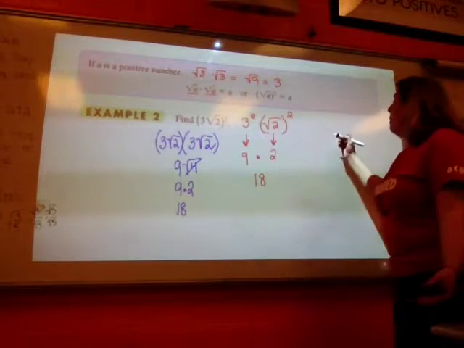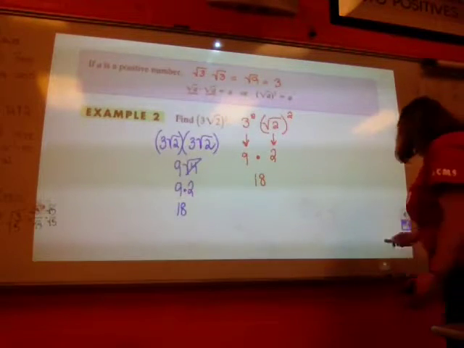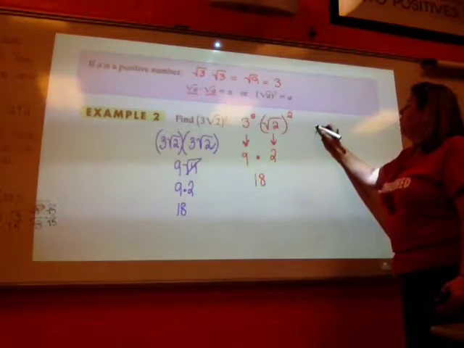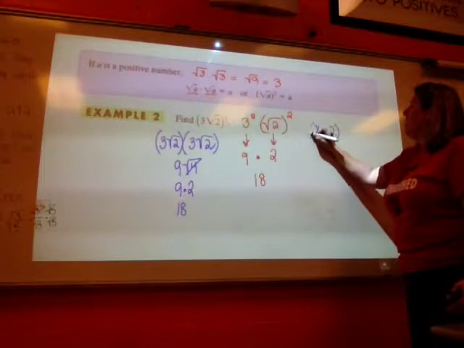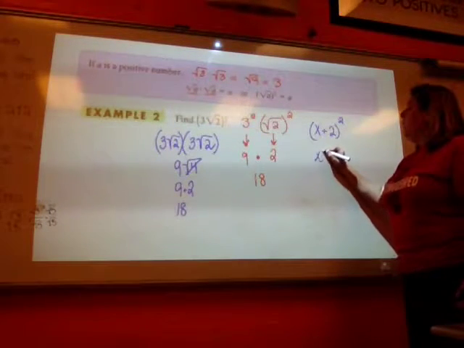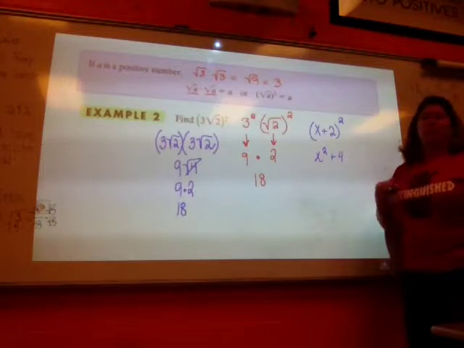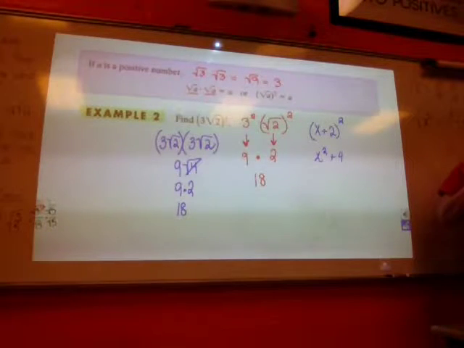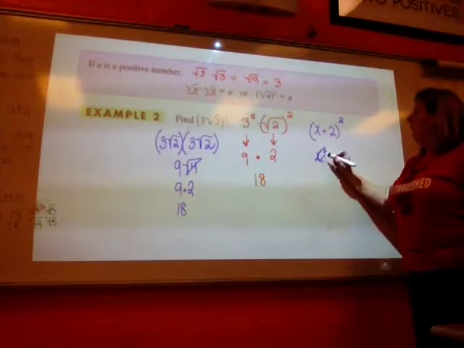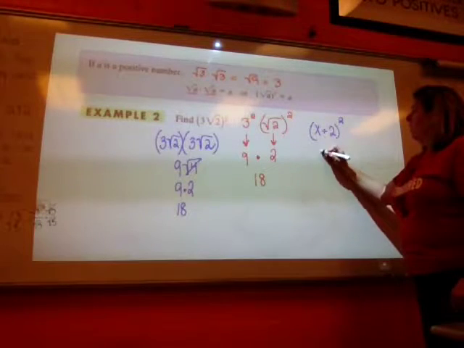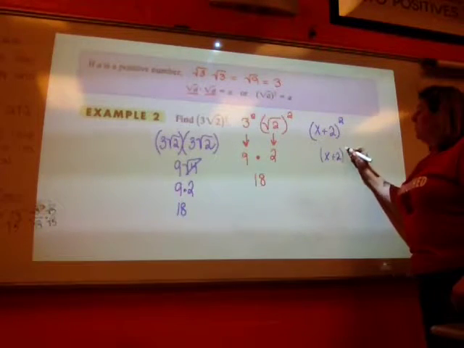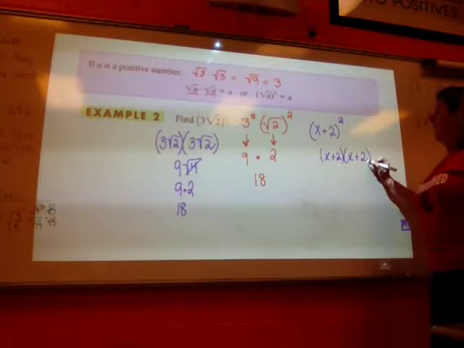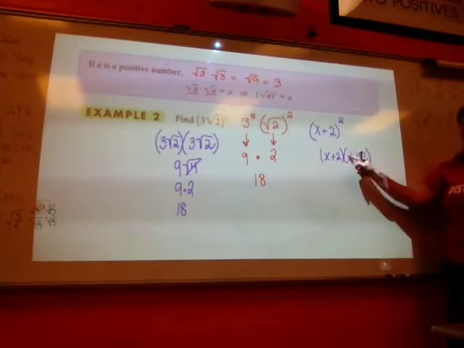Okay? Because do you remember how when we went to factoring, and when we did factoring, you all wanted to do, when we had it like this, you all wanted to go, oh, that's x squared plus 4. Remember doing that? And I told you that was wrong, because that really means x plus 2 times x plus 2, and then you had to factor it out, and then you had to double distribute.